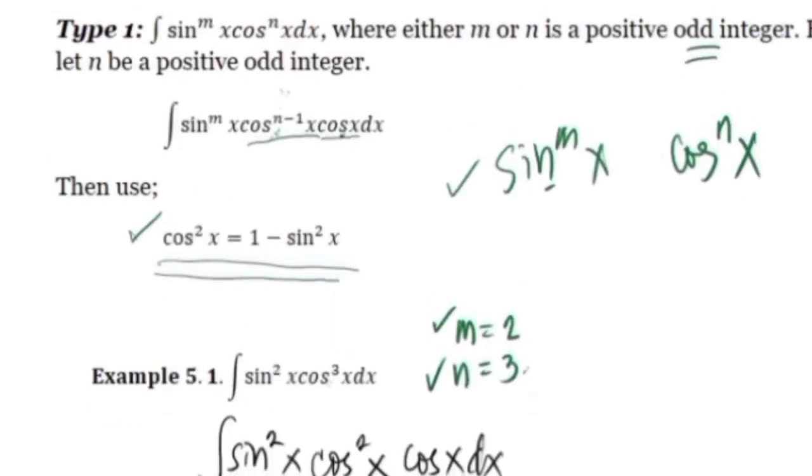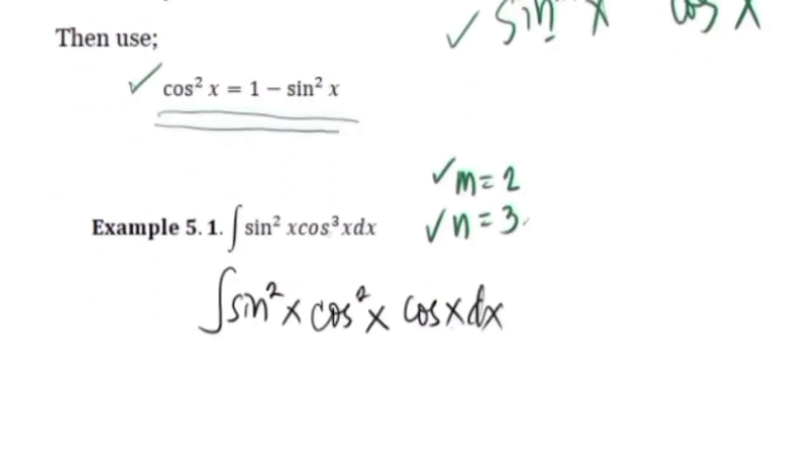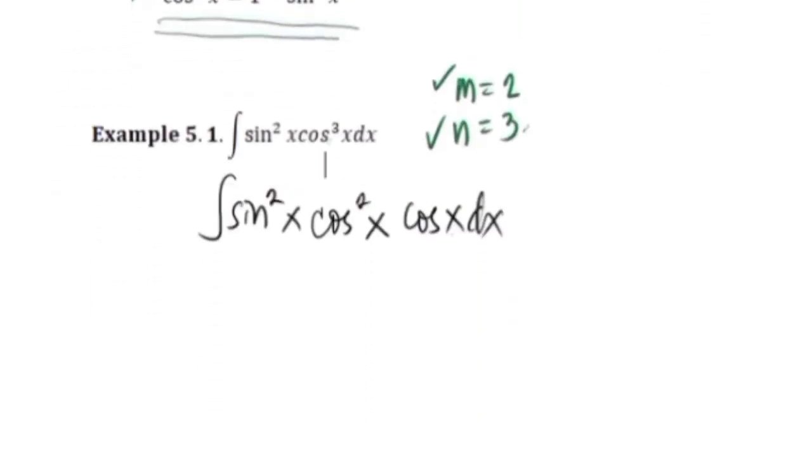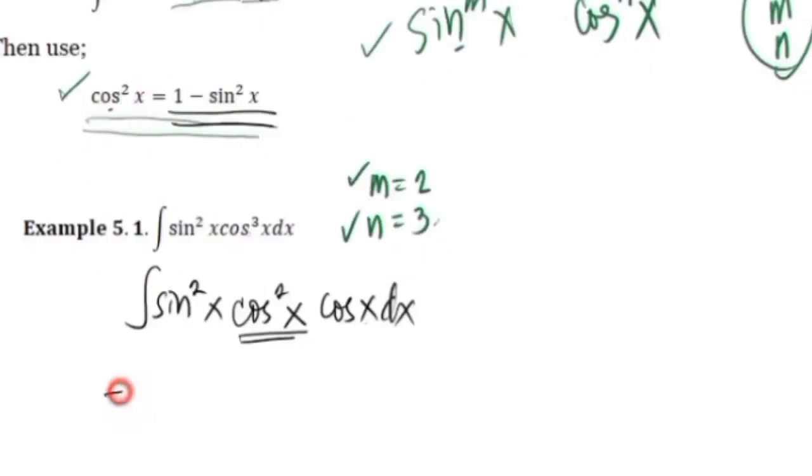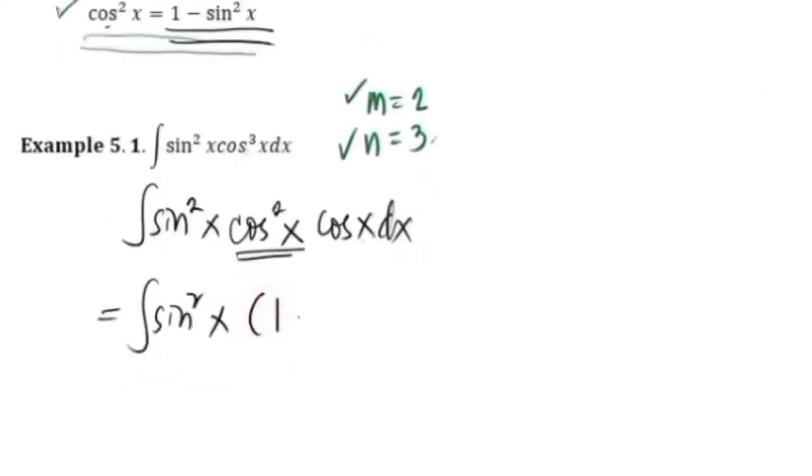Okay, so from here, gagamitan natin siya ng Pythagorean identity. Yung cosine squared na term, papalitan natin siya ng 1 minus sine squared. So, we have here the integral of sine squared x multiplied by 1 minus sine squared x cosine x dx.